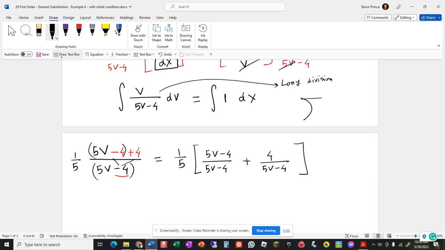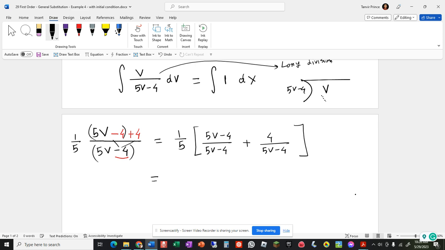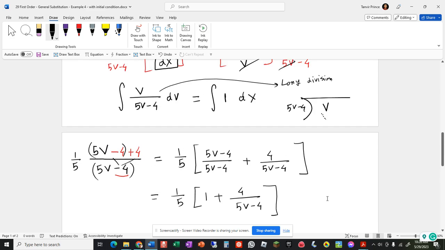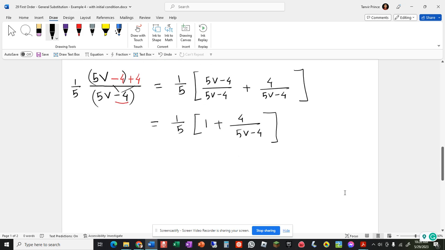So you can divide this v by 5v minus 4, and you'll get the same answer. Okay, so here what I get is 1 plus 4 over 5v minus 4. Okay, so let's take the integral of this now. So the goal is to find the integral, right? So I'm going to put this 1 over 5 outside the integral.